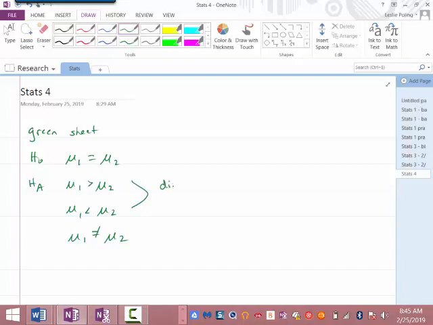These types of hypotheses are called directional or one-tailed.